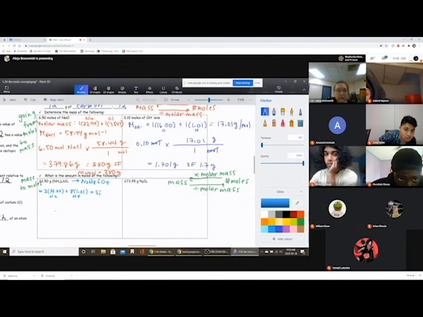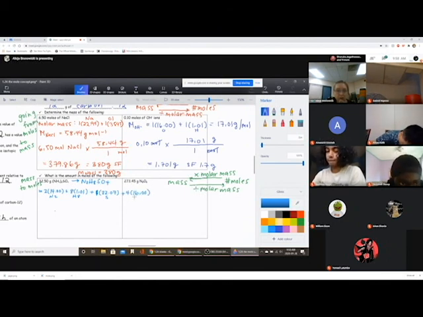For my sulfur, I have 1 times 32.07. And then for oxygen, I have 4 times 16.00, so that's my O4. Okay, add those together, and I get 132.17 grams per mole.